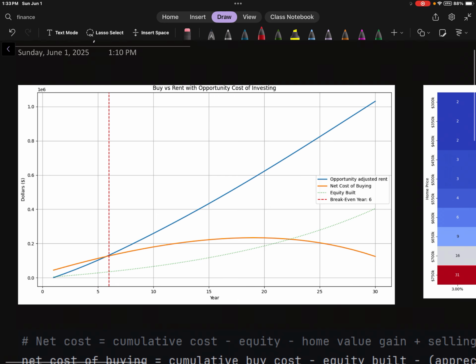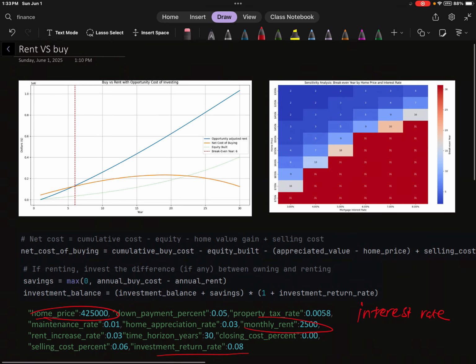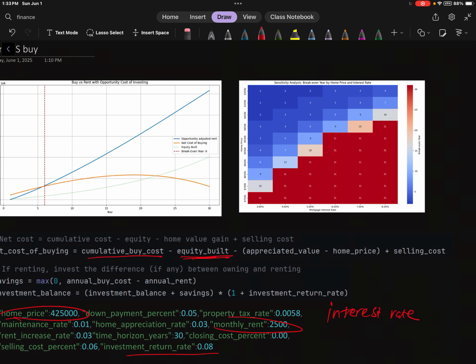So we can zoom in to the net cost of buying. You can see the accumulated cost of buying: the down payment and monthly mortgage payment, and then the interest, and equity built. That's not subtracted, because that's actual equity, so that's useful. And appraisal value is the appreciation minus the price you purchased the house at.